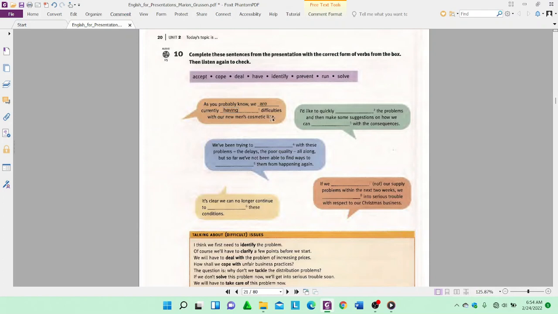Jalur distribusi line ini ya, cosmetic men's, kosmetik untuk laki-laki yang baru. Jadi kosmetik ternyata bukan cuma untuk cewek ya, tapi laki-laki juga. Mungkin berbeda ya, kalau perempuan make up dan segala macam, laki-laki ya adalah kayak minyak rambut seperti itu, atau pembersih wajah, something like that ya.